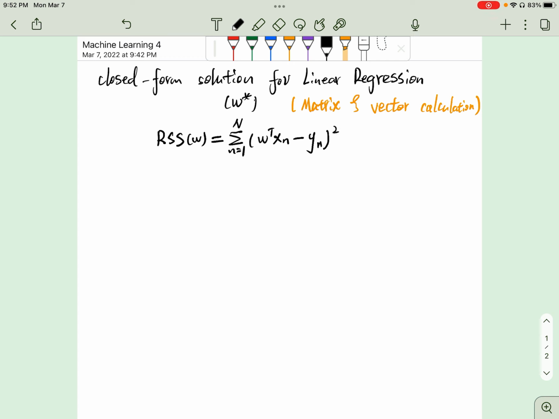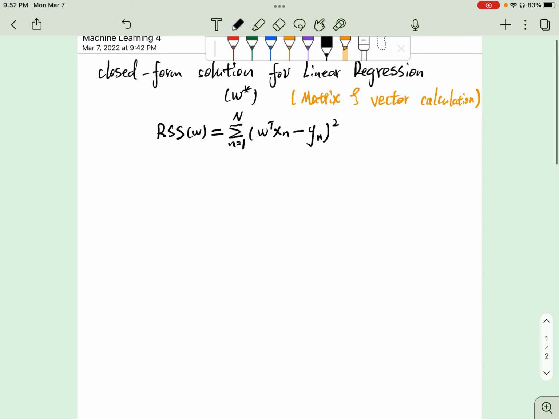So this is our loss function. Now we want to take the gradient with respect to omega, because we want to find the optimal omega. You should pay attention that this omega here is a vector, not a number.